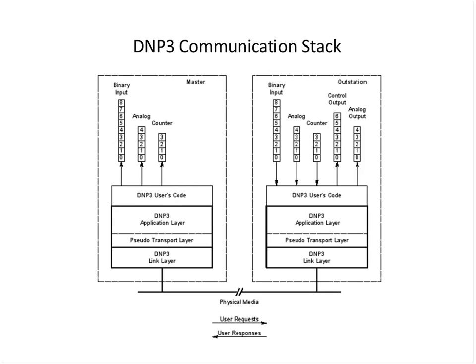And then the pseudo transport layer breaks it down further into a set of DNP frames, because DNP typically is like 292 octets. So you have to break the data up, and then the link layer puts it on whatever frame is going to ride to the destination, whether it's a serial interface or it's an Ethernet, or whatever the communication network is, and sends it over. And then on the other side, just the reverse happens.